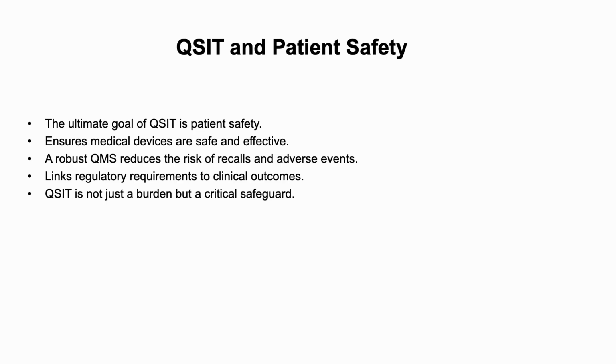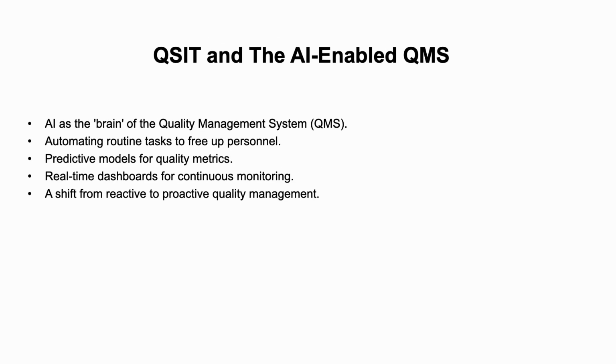Instead, it should be seen as a critical safeguard and a pathway to building a reputation for quality and reliability. By embracing these principles, companies can not only meet their regulatory obligations but also contribute to better healthcare outcomes for patients worldwide.